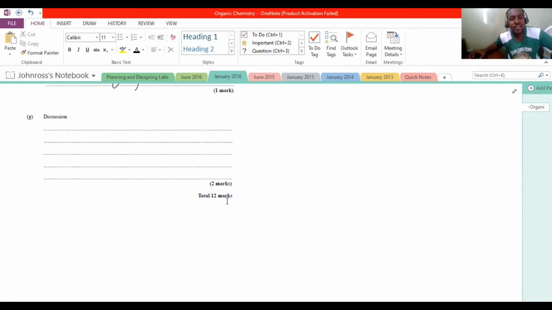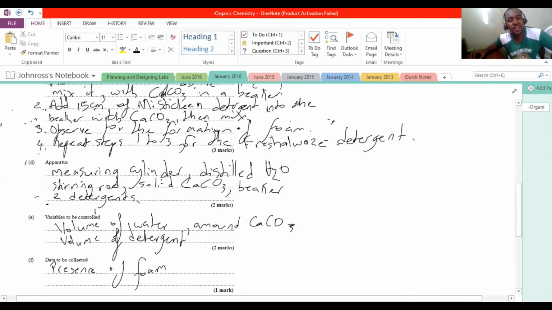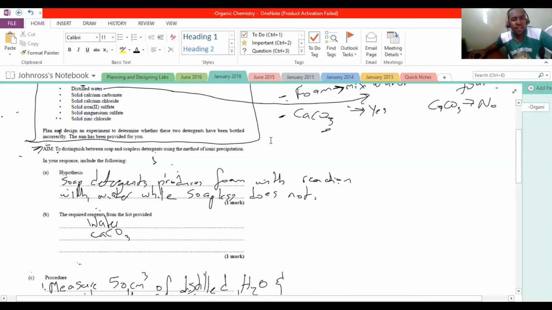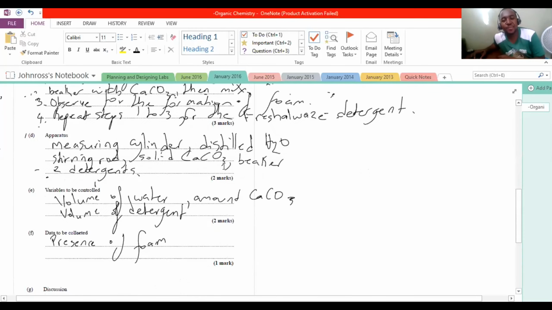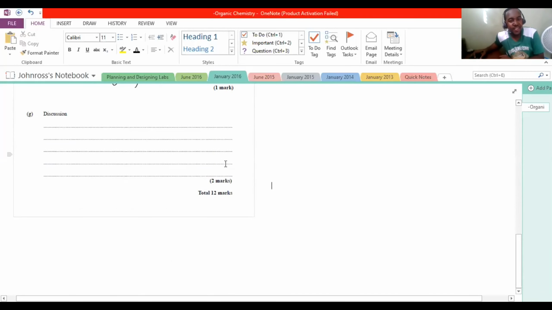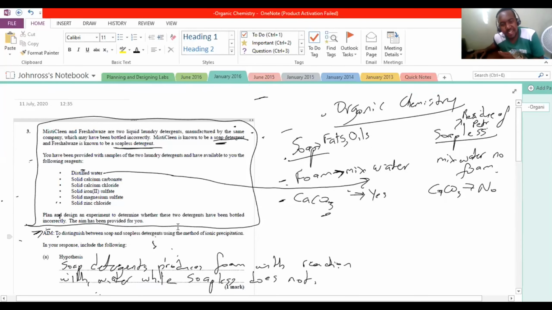All right, so a hint is that it's actually stated in the aim. So the aim actually gives you the reason why. Oh my God, one is an insoluble. Right? So you see, everything sometimes is actually given to you. So it says that we're using ionic precipitation.